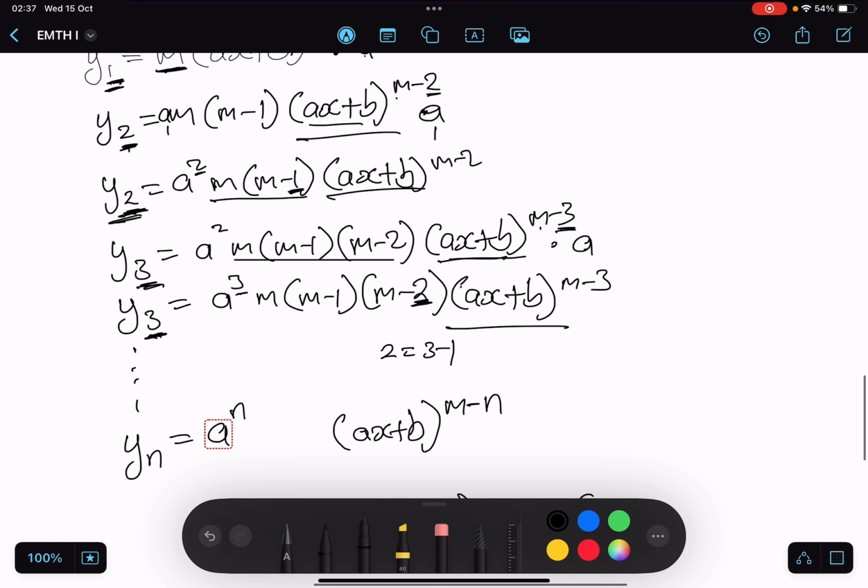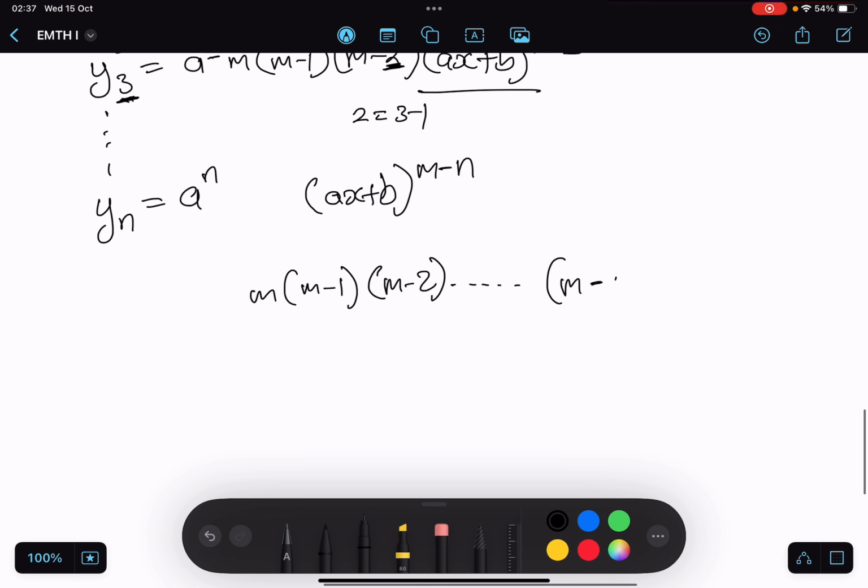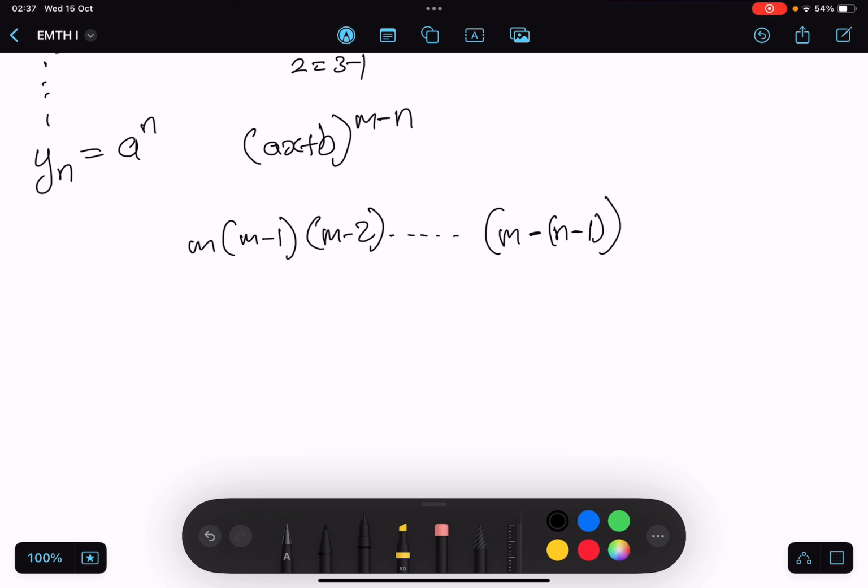And here you have 1, and this 1 is equal to 2 minus 1. So this is going to be n minus 1.